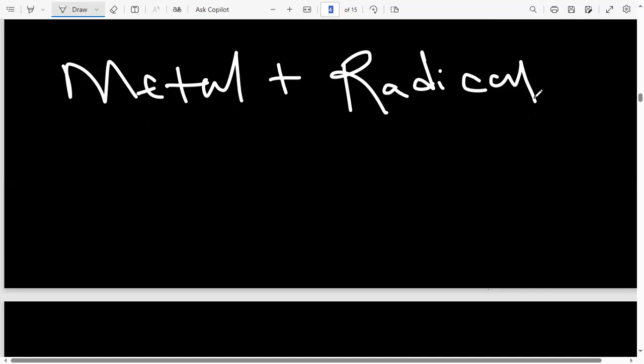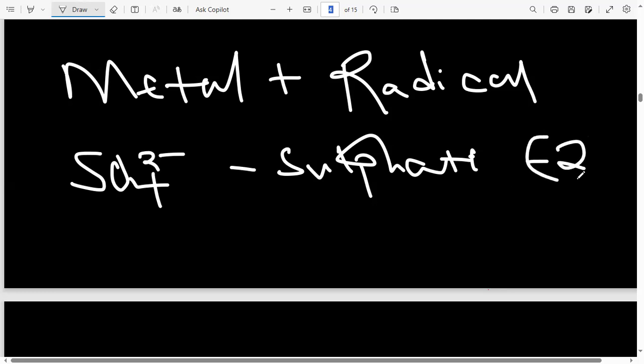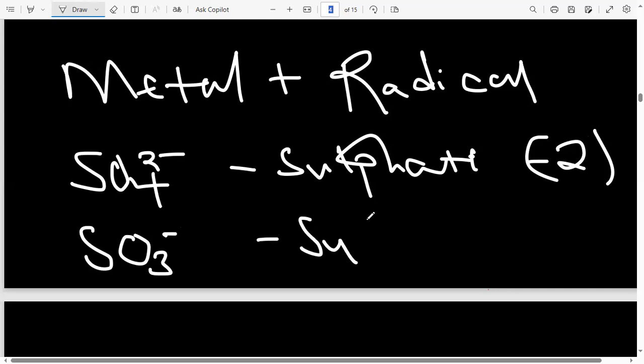So maybe it's important for me to mention some of these radicals. We have this radical, which is called a sulfate, and it has a charge of 2 minus. Then we also have SO3, which is called a sulfite.